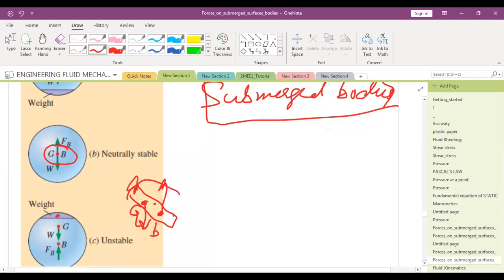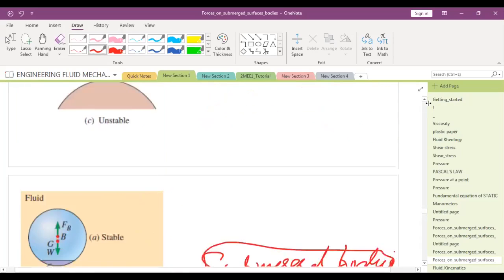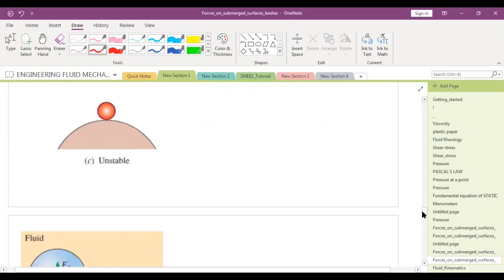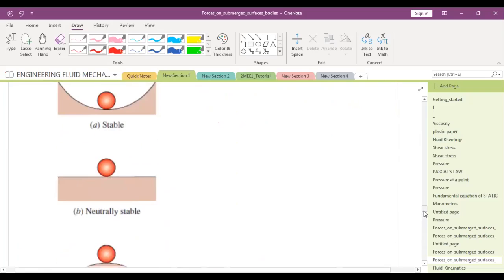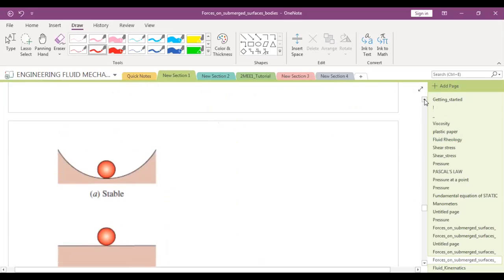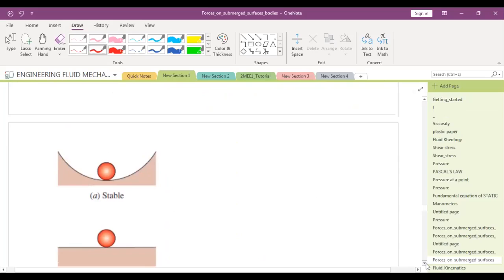There will be no restoring torque; there will be overturning torque. And that's why this is called unstable equilibrium. So please remember, all the three states are in equilibrium, but one is stable, one is neutral, and the other is unstable. You can understand these three terms with the help of this diagram.